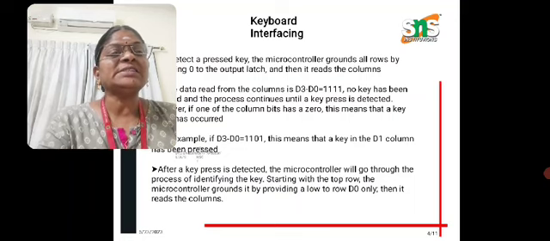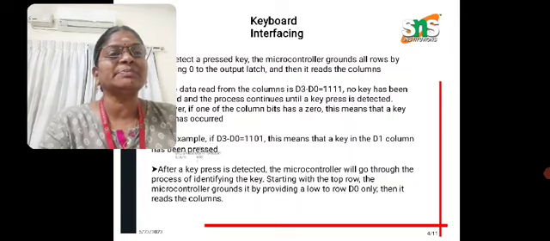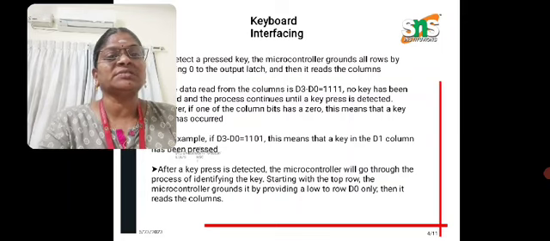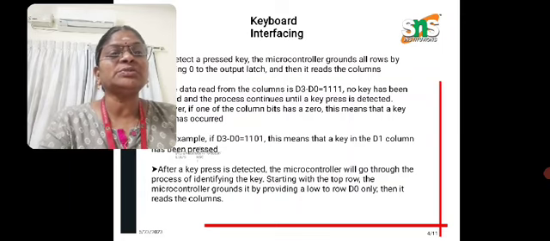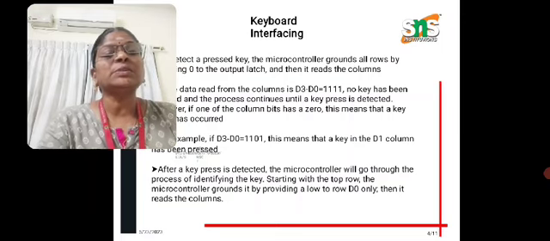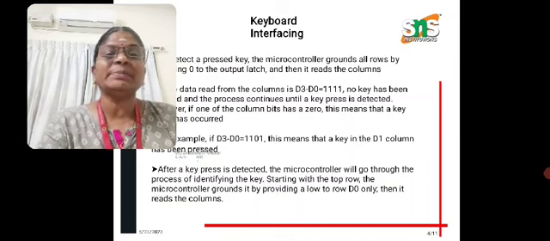If we read 1 1 1 1 as input, no key has been pressed, and the process continues until a key press is detected. For example, instead of 1 1 1 1, if D3 to D0 reads 1 1 0 1, this means that a key in the D1 column has been pressed. So the particular key will be enabled and all the remaining keys will be disabled.